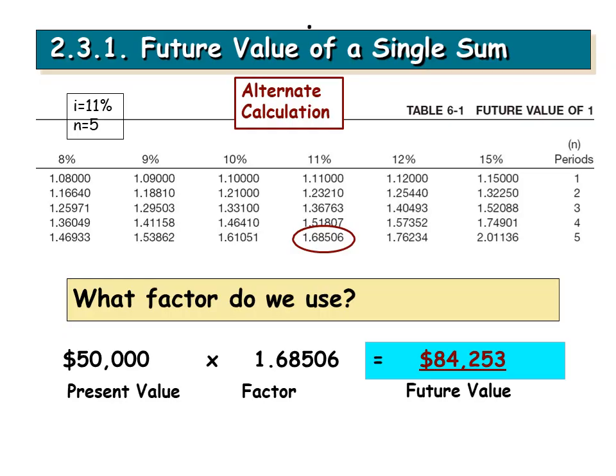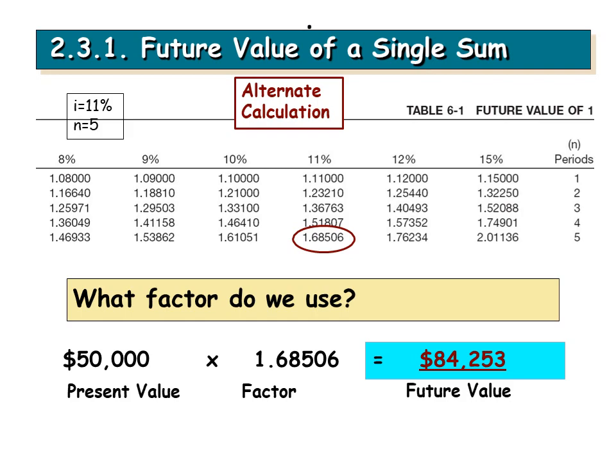Then present value 50,000 times the factor, we get individually, period by period. Period 1, we get this, then period 2, period 3, period 4, period 5. Our aim is period 5. Then we get the factor 1.68506, and when we multiply, that is $84,253.